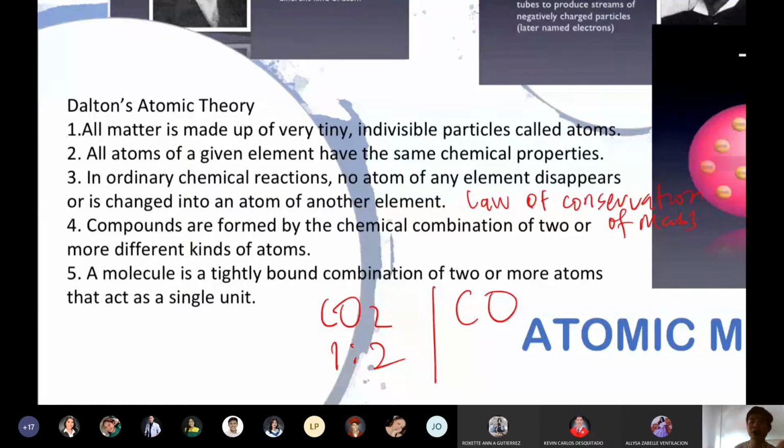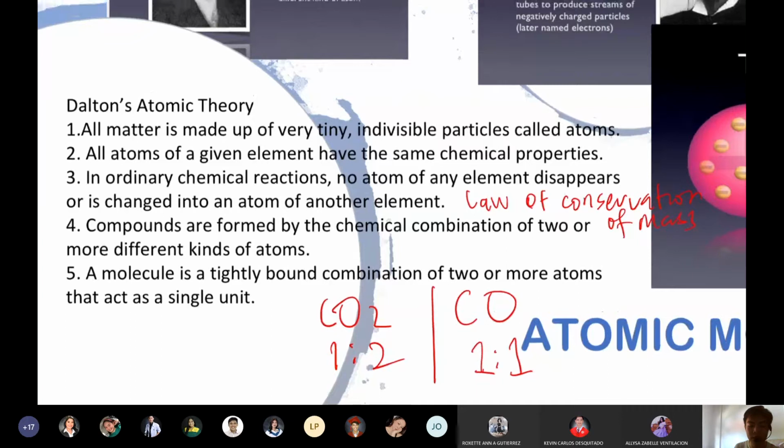Yung carbon dioxide, may sarili siyang behavior, may sarili din siyang formula, no? But for carbon monoxide, the ratio of oxygen to carbon is 1 to 1, no? 1 is to 1, no? Okay, so by just changing your proportion, what happens is that iba sila ng properties, no?